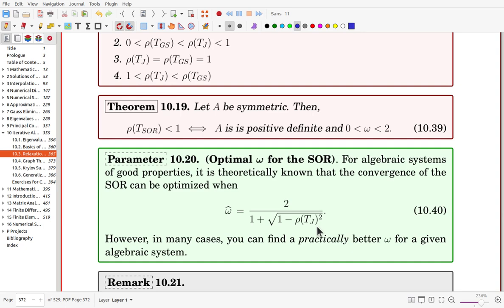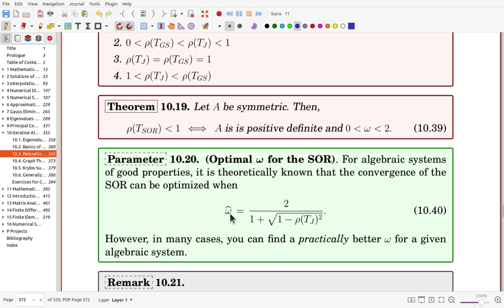However, for Jacobi, because it uses only the diagonal, and the inverse of the diagonal is quite easy, you can roughly estimate the spectral radius of the Jacobi iteration matrix. Then, if you know this value, by using this formula, you can decide omega hat.